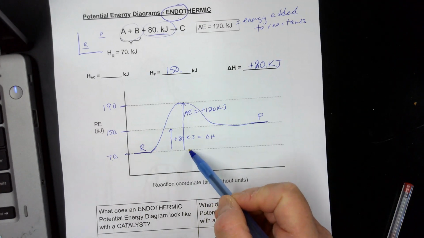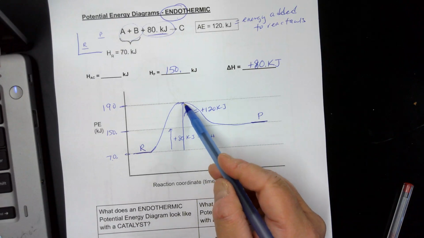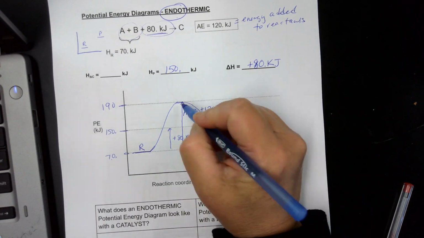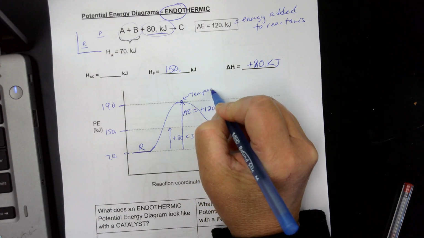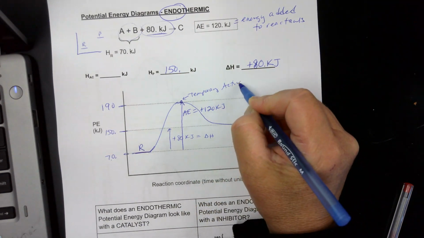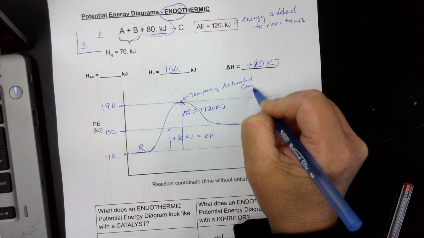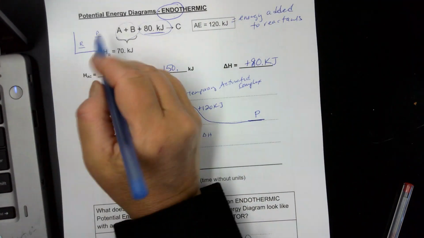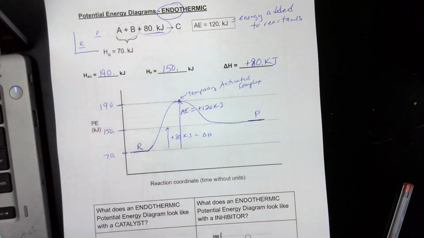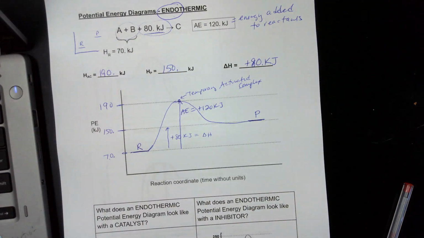The energy we have to add to the reactants to get to that activated complex right there. That is the temporary activated complex. So we know the energy of the activated complex to be 190 kilojoules.